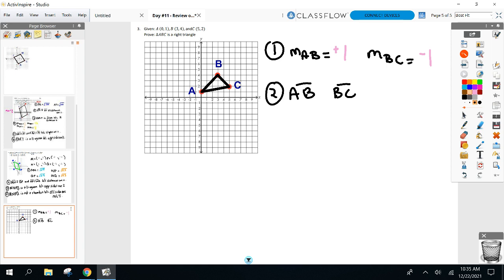We're trying to get a right angle there too, Emma. So the lines have to be what? Linear pairs. Okay, I'm looking for perpendicular here. Perpendicular lines form right angles, right? Linear pairs is supplementary. That shouldn't even come out of the mouth. All right. AB and BC are perpendicular because slopes are negative reciprocals.